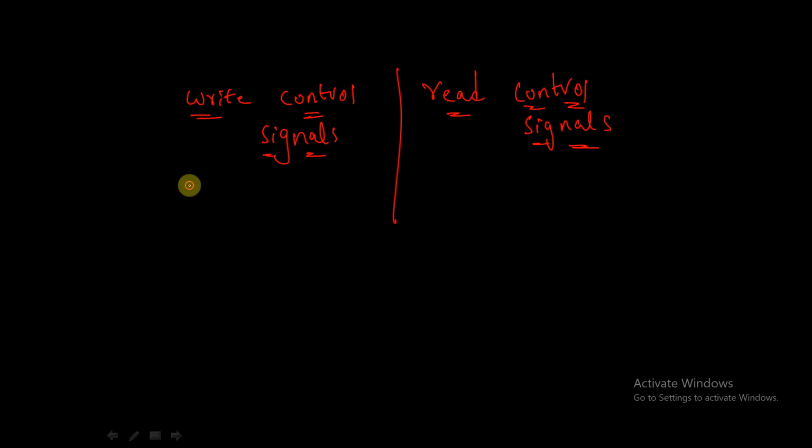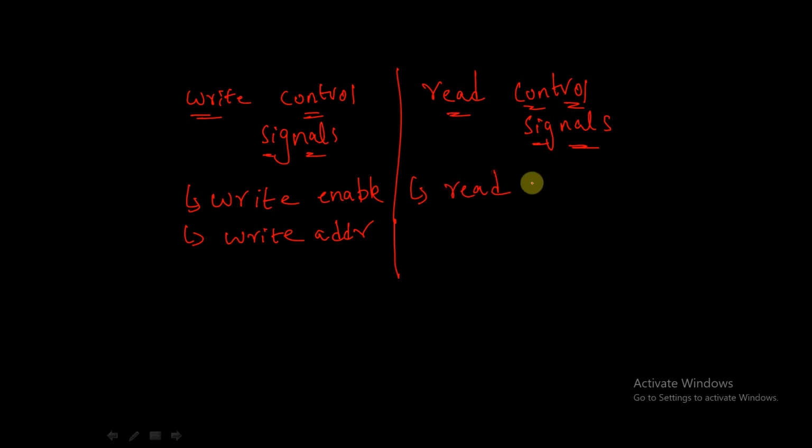In the write control signals, we have write enable and write address. Here we have read enable and read address.